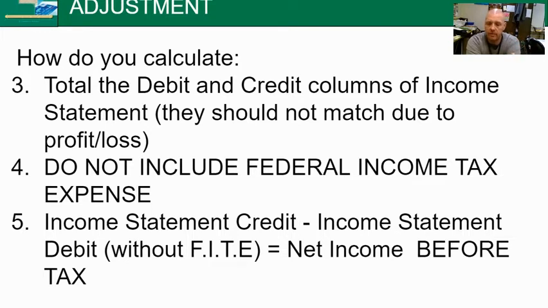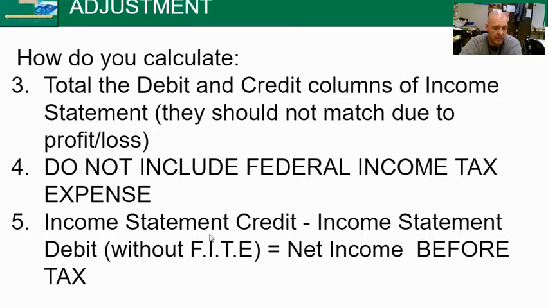When we calculate our federal income tax, we don't want to say, hey, we've already prepaid this. Let's say we need to figure out how much we should have paid off of our revenue compared to our expenses and cost of goods sold. Then we'll go back and look and say, what's the difference, right? So income statement credit minus the income statement debit, again, not including federal income tax expense, that's your net income before taxes, right?